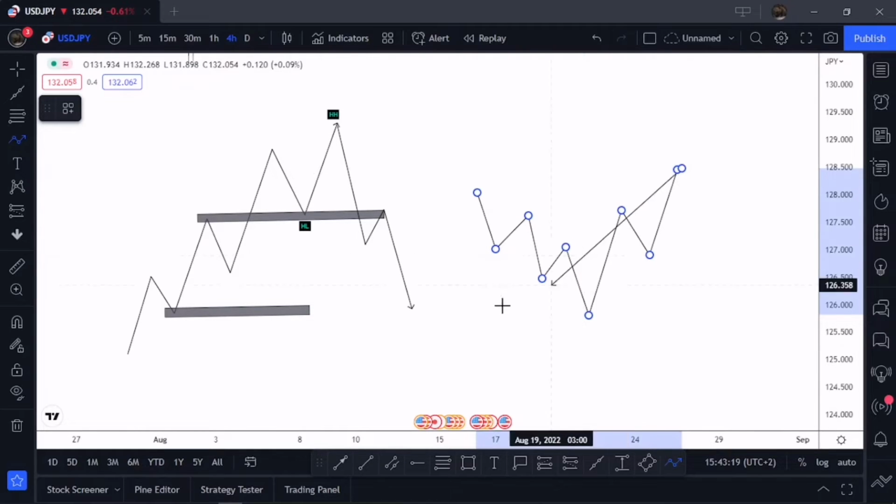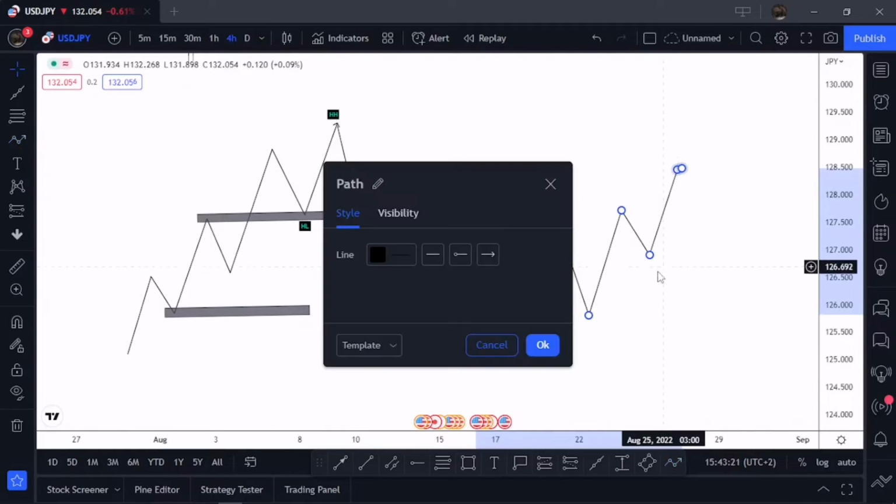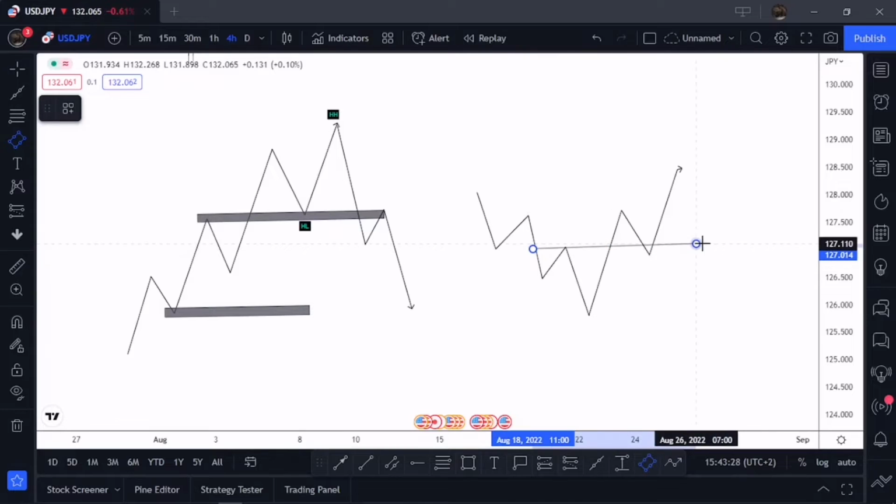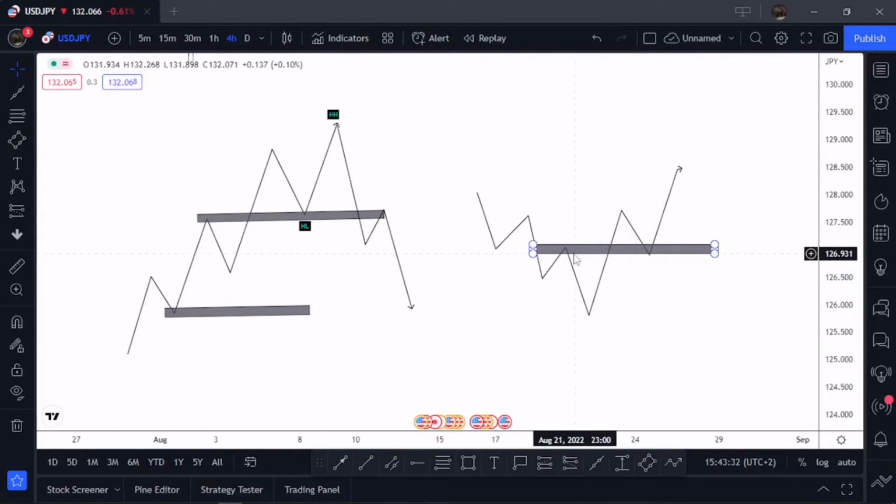It is the same thing when we eventually break our last lower high, and then the market behavior or structure starts to shift, right?